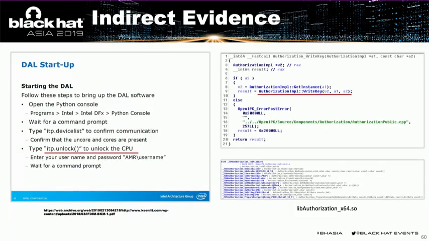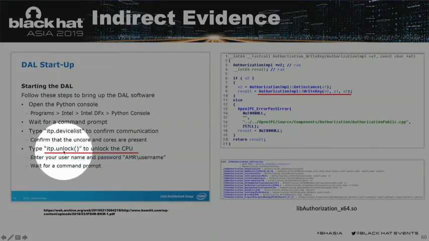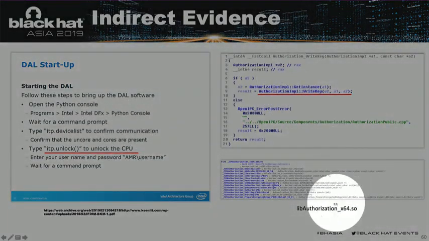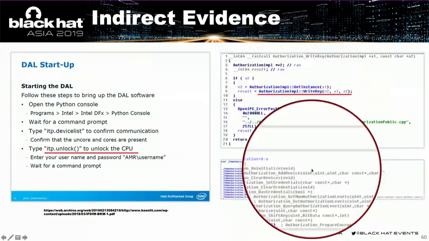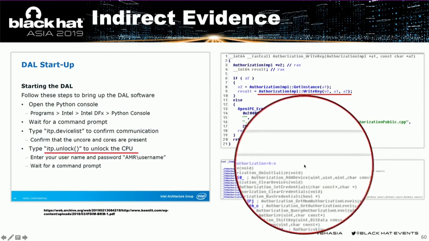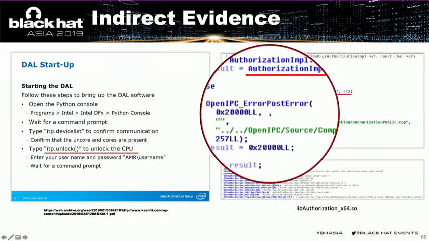We found also that it is not our fantasy. We found a presentation by an Intel engineer which described unlocking the CPU. After that, we also found this library, LEAP authorization, which has a special class for unlocking the system and writing a key into the chipset or CPU.